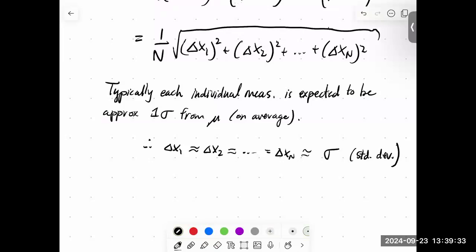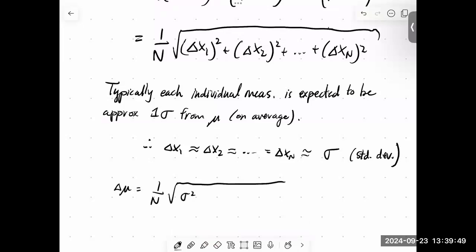Okay, so if we make that substitution, the uncertainty in mu should be equal to our 1 over n out front. And then we have sigma squared plus sigma squared plus sigma squared. How many sigma squared terms do I have? N of them. And so this is going to be 1 over n times the square root of n sigma squared.